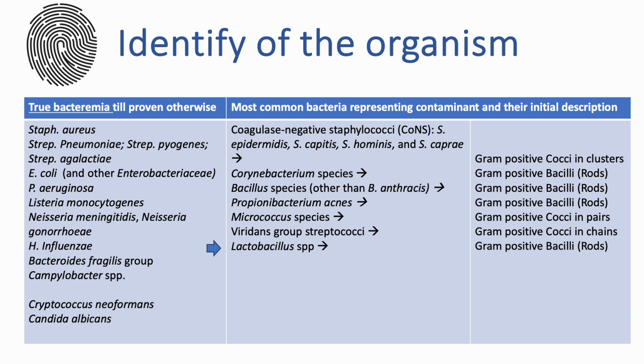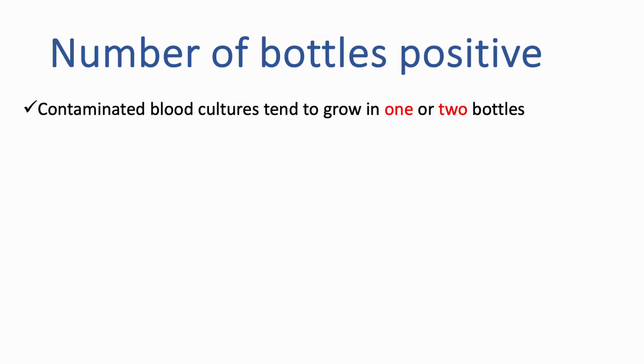Others like Micrococcus could be reported initially as gram-positive cocci in pairs. Viridans group Streptococci can be reported as gram-positive cocci in chains. Keep this in mind, because this is what you are going to receive initially in the blood culture report. Then, based on that organism, the clinical scenario, and the other two factors we're going to talk about now, you consider this to be a contaminant or not.